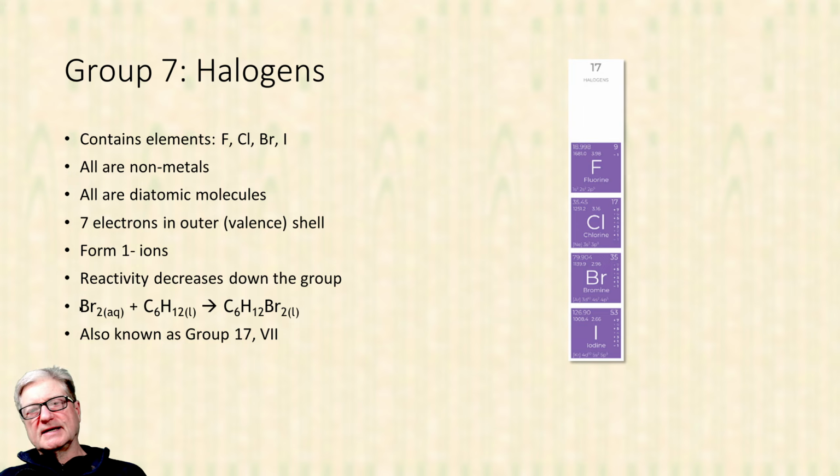And bromine can, this is hexene, sorry, bromine can add itself into this molecule to form dibromohexane. I'm not quite sure why I put that in, but when we get to that part of the course, you'll be learning about it. This group is also known as group 17 and group 7.